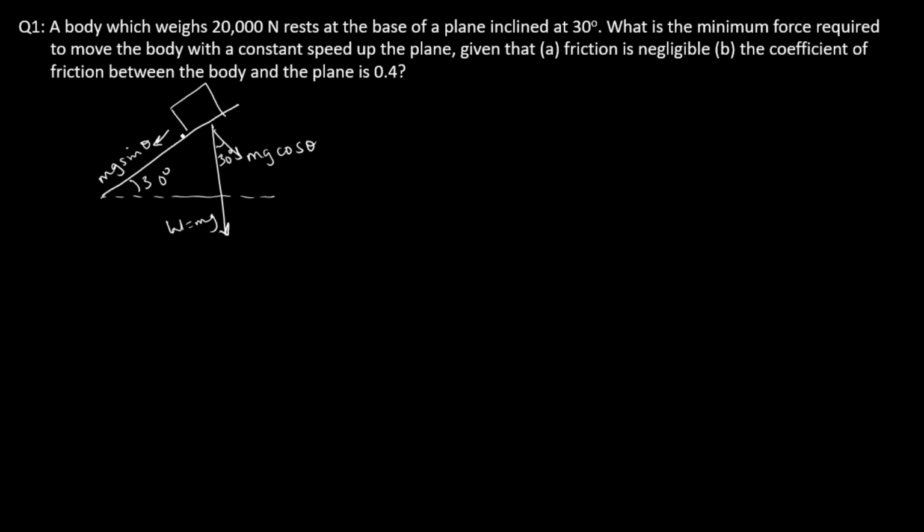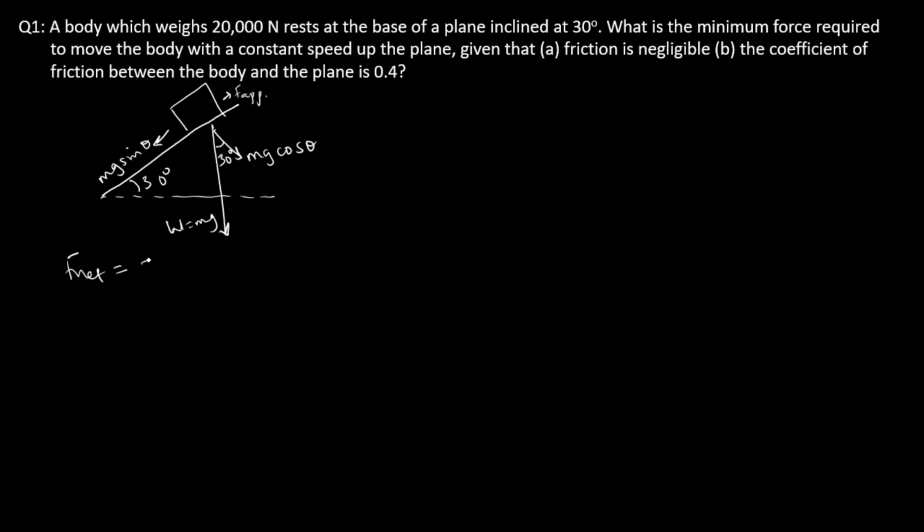Now, since we are not considering friction for question A, we do not need to consider the component which is perpendicular to the plane. We just consider the ones which are parallel to the plane. As such, we can write that the net force is equal to the force applied, which we have been asked to find.